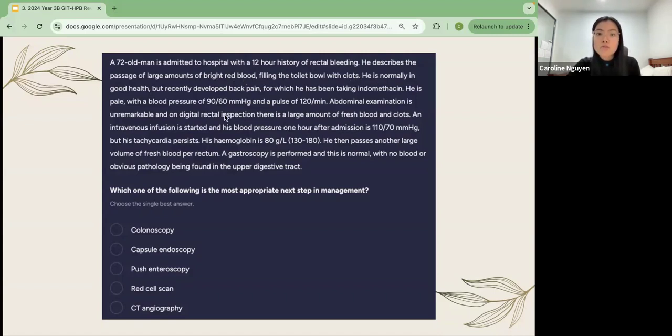It's pale, really low blood pressure, tachycardia. On DRE, fresh blood and clots, so it's still happening. IV has started, and after that, blood pressure was a little bit better, but not enough. Hemoglobin, so he's lost a lot of blood. Which one is the most appropriate step in the management?